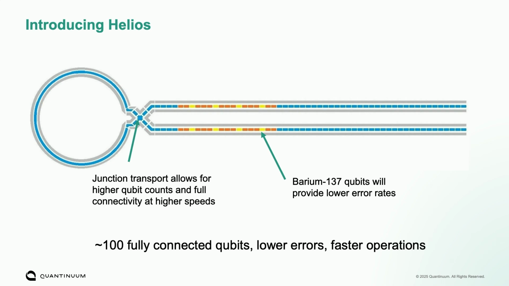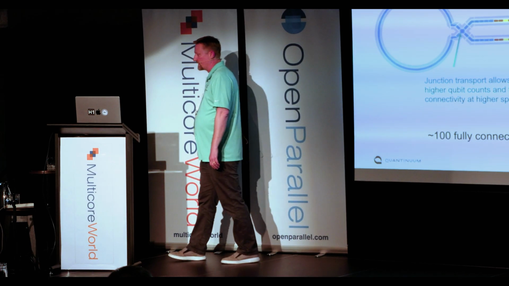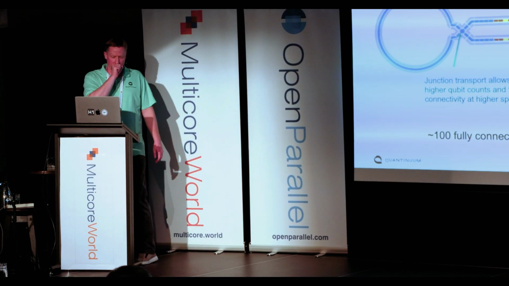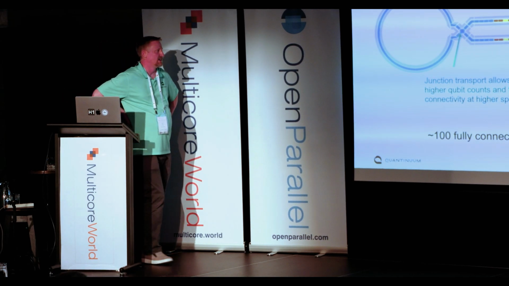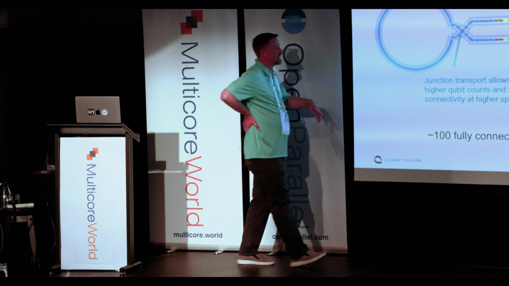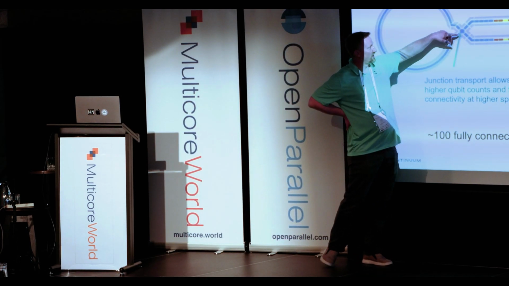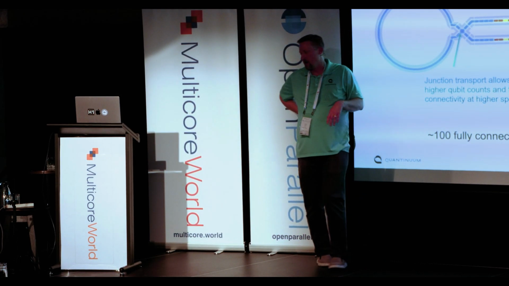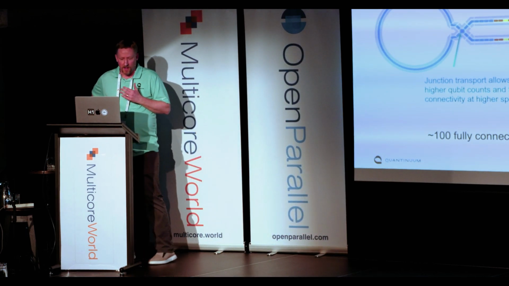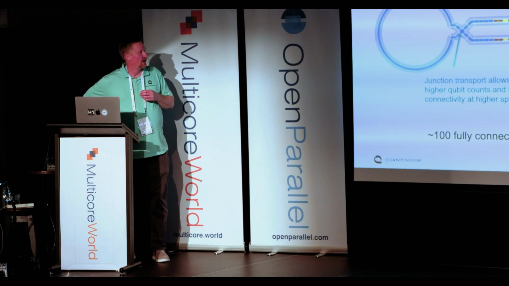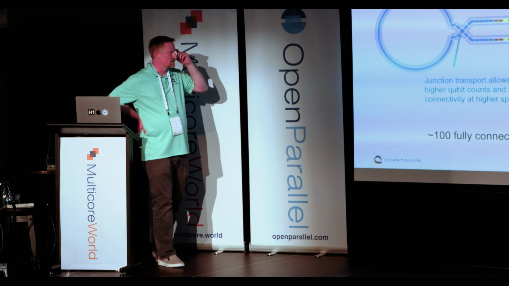This will be the first time we have a commercial quantum computer with this junction transport. So instead of having this 1D or quasi-1D ion trap, you actually have an intersection of these streets. It's not as trivial to do as you might think in these ion traps, but it allows for faster sorting, faster operations, and lower memory errors because operations are going faster.